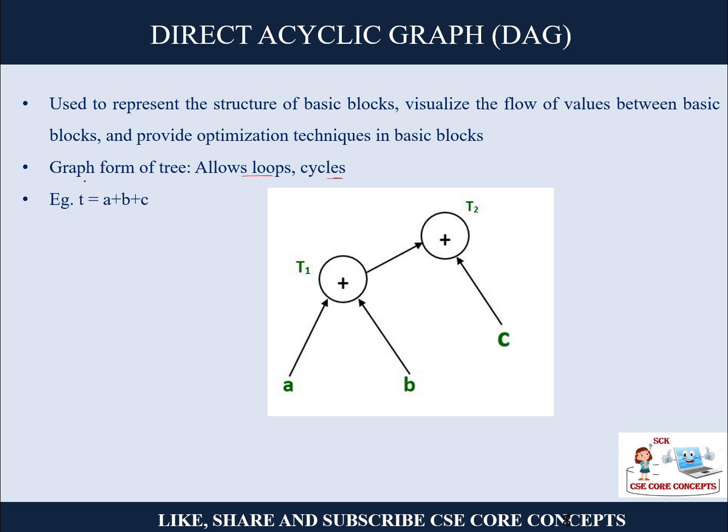So let's say you have an equation like this, t is equals to a plus b plus c. How will you create the graph? a plus b, you perform plus, this is t1. You are breaking it. This we are going to see in intermediate code, 3 address code. So this is how you create a graph for the same equation. Understood?